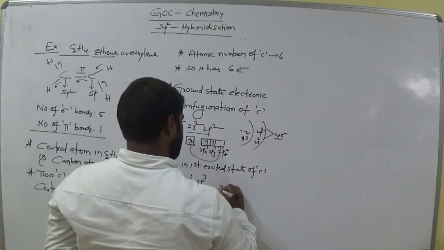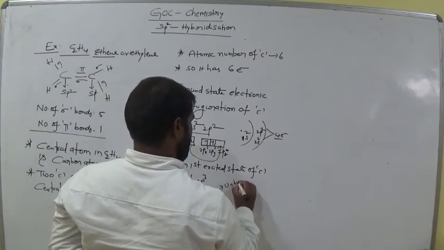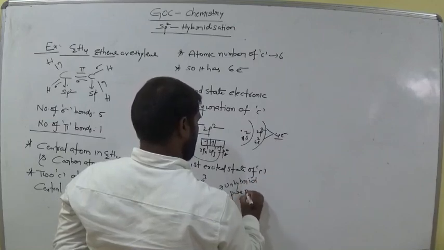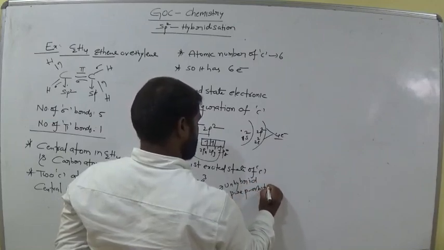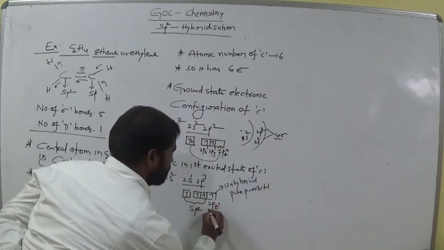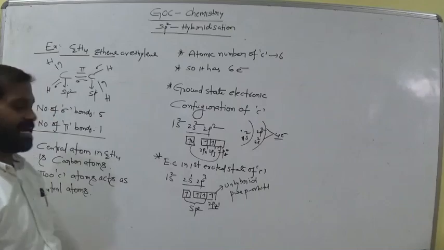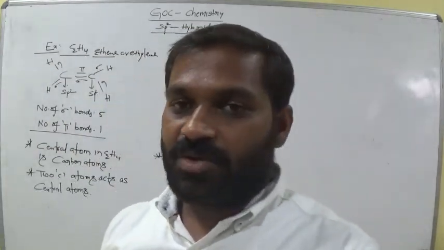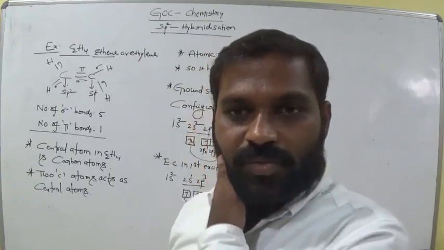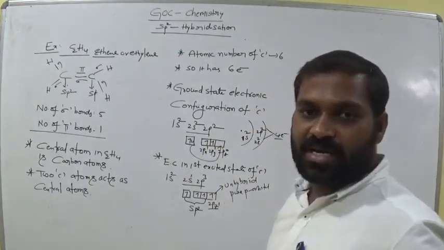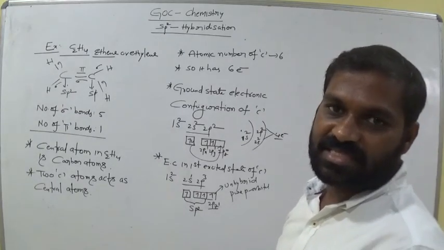This is the unhybrid pure p orbital. This is 2pz1. One electron is there. 2pz is an unhybrid orbital. In sp2 it has only one unhybrid orbital. Okay, is it clear, ma?